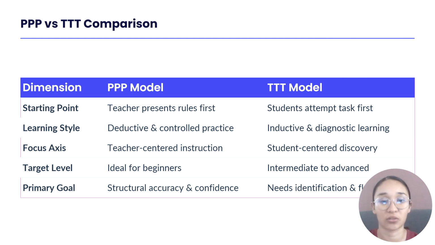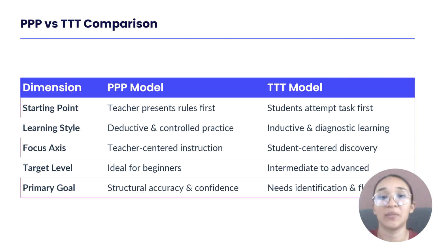Now let's compare the two models. In the PPT model, the teacher explains first and then the students practice. With the TTT model, the students try the activity first and then the teacher explains or identifies the mistakes or the needs of the students.